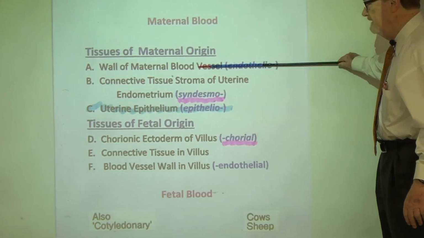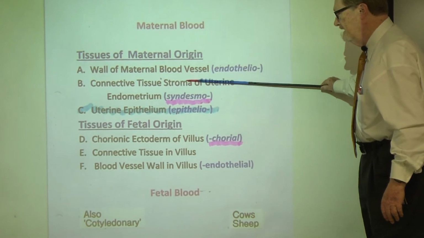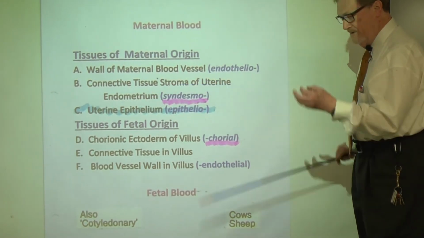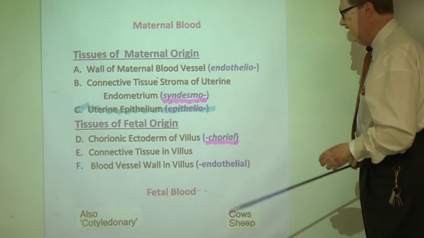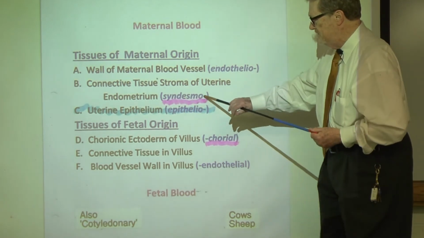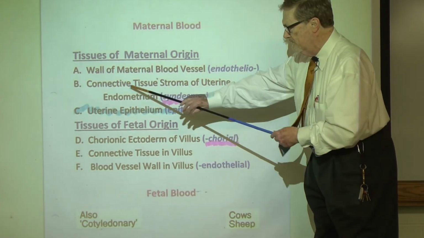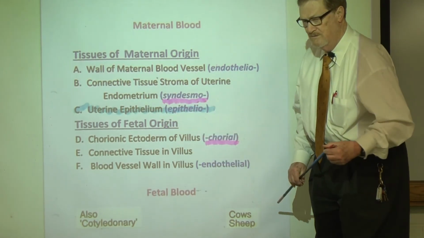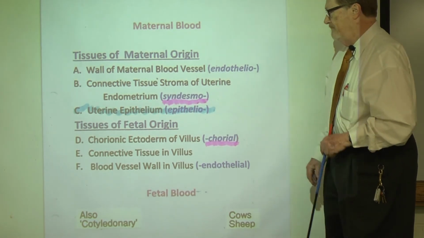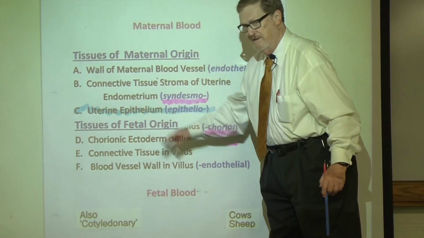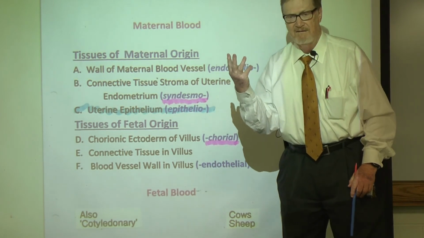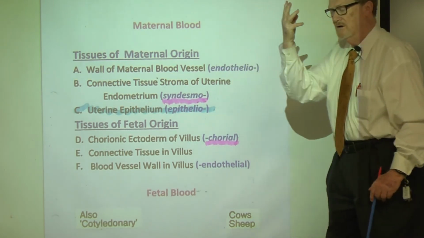Well, the wall of the blood vessel is still there. The connective tissue up in the uterine endometrium is there. We use the prefix syndesmo to refer to connective tissue. All right? But the uterine epithelium is no longer there because the villi have poked their way through it. It's no longer a barrier.